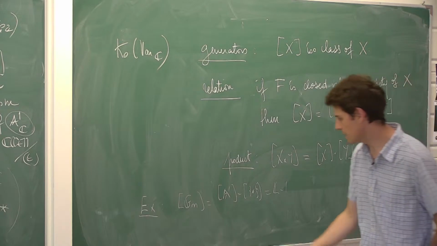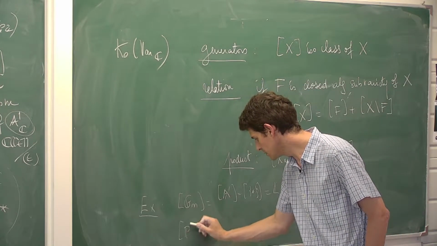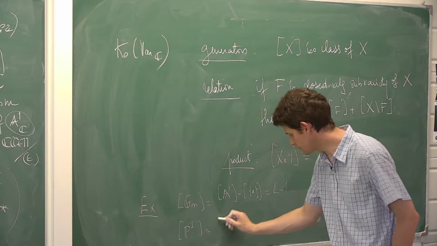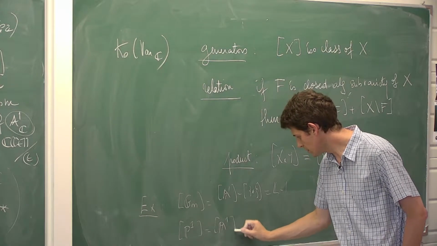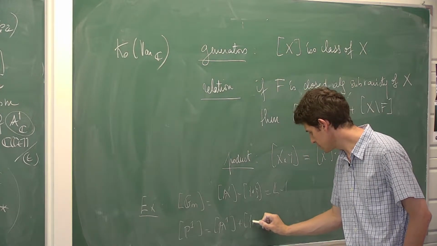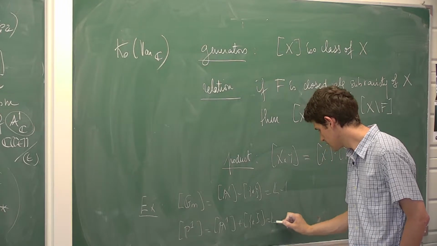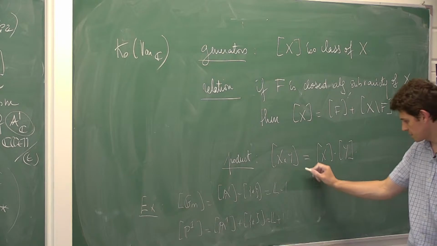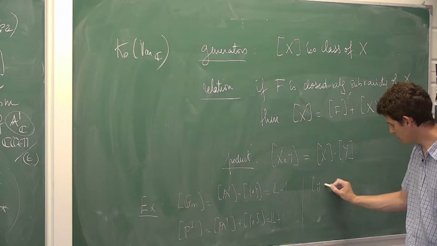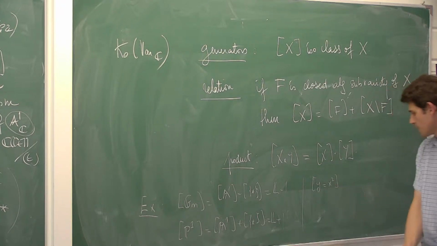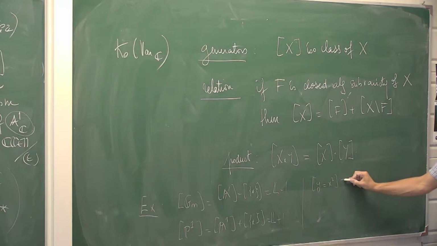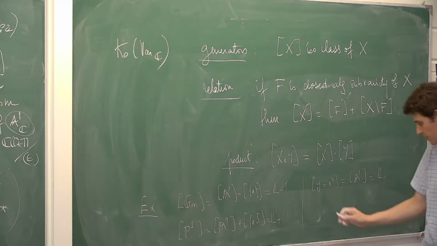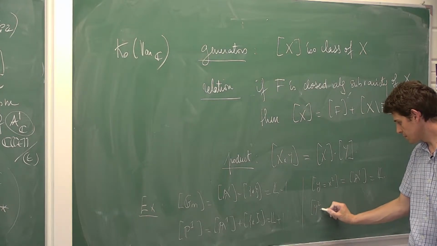If you look at the class of the projective line, this is the class of A1 plus the class of the point. This is L plus 1. If you look at the class of the parabola, then as the parabola is a graph, this is the class of the line. This is L.